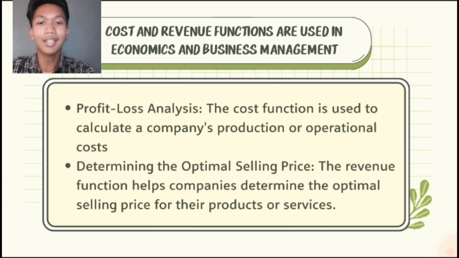Profit and loss analysis: the cost function is used to calculate a company's production or operational cost, and the revenue function helps the company determine the optimal selling price for its products or services.